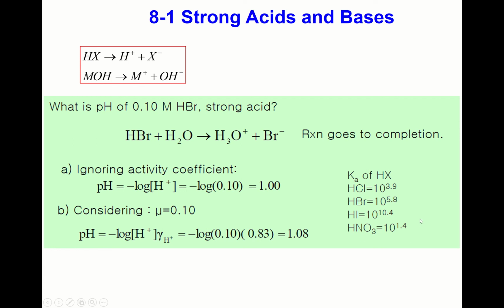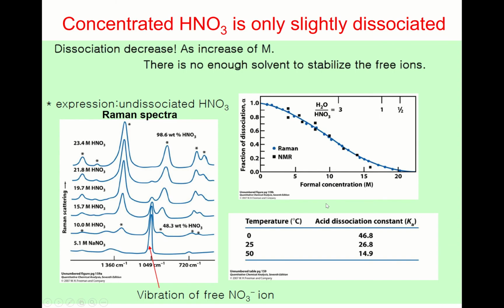So that's why you need to be careful when you are dealing with nitric acid, especially when its concentration is very high. So this next slide shows how well nitric acid dissociates when its concentration is very high.